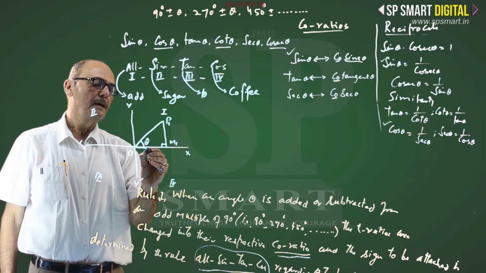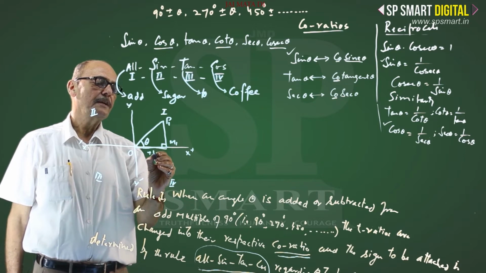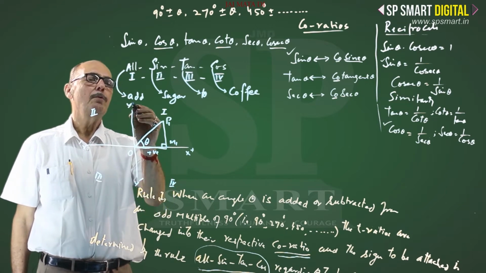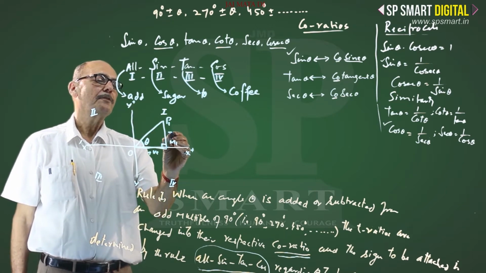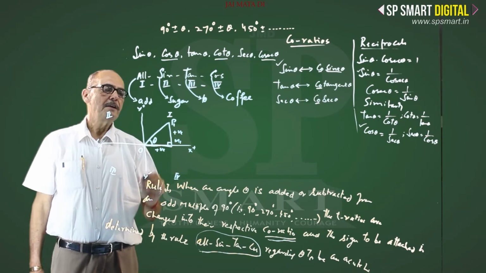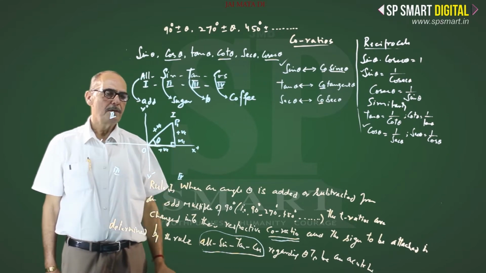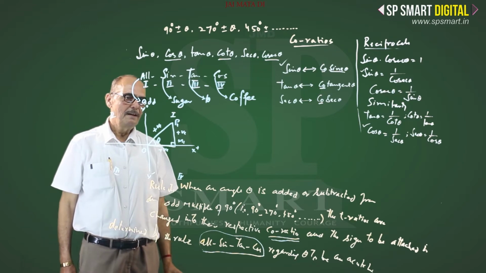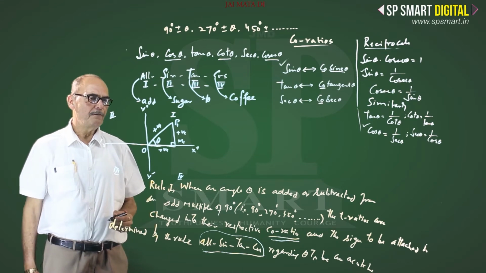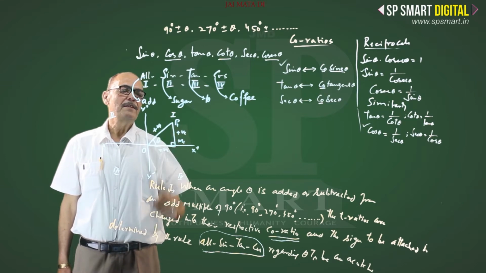OM1 lies along O plus X and this is to be taken as positive. P1M1, which is parallel to O plus Y, is to be taken positive. And this revolving line OP1, by convention, is always to be taken as positive. This is a mathematical convention. Students studying for the first time would find it difficult to understand the word convention.